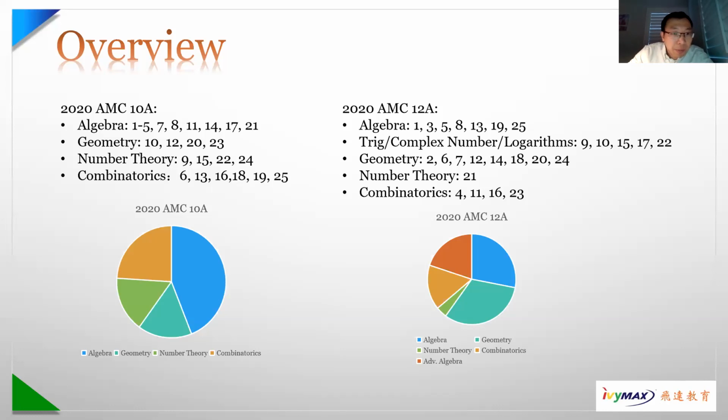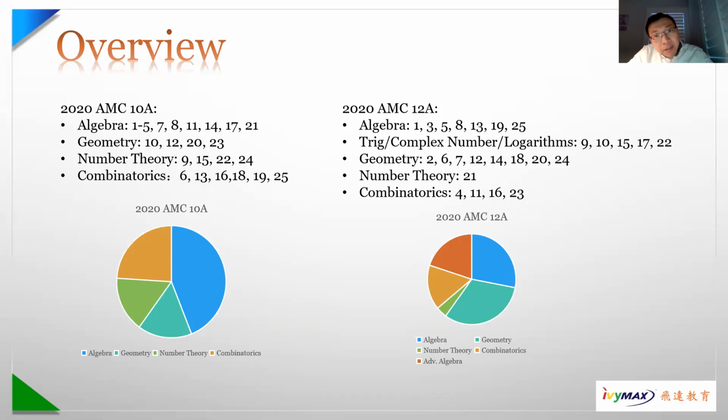They have 4 geometry questions, and 6 combinatorics problems, including counting and probability. And they have 4 number theory problems.